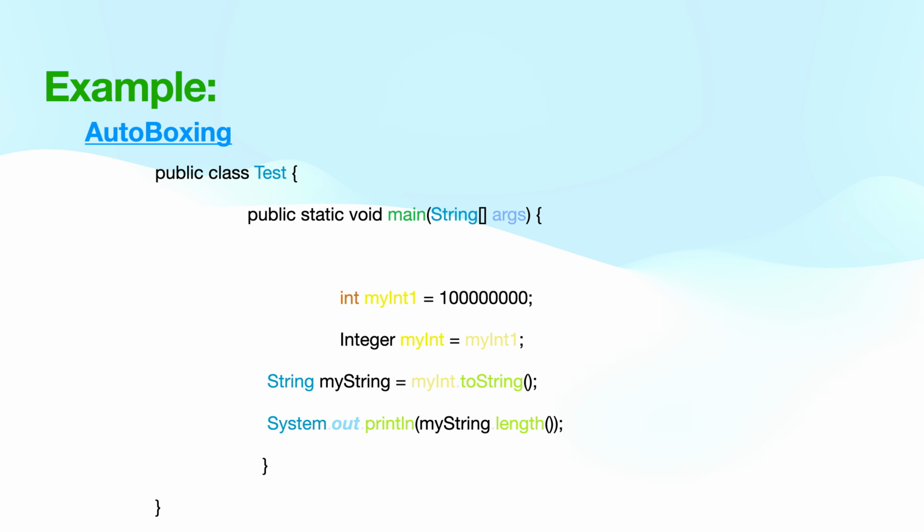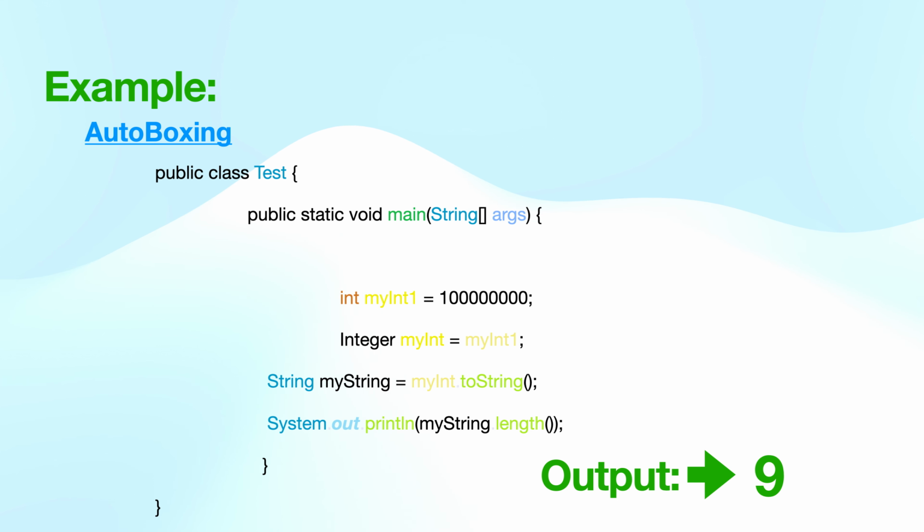So this Integer wrapper myInt holds the value of the integer myInt1, and I've changed that myInt into a string, myString, and then I've tried to check the length of that string. That's how I'm doing autoboxing here, and the output should be 9. Yep, 9.